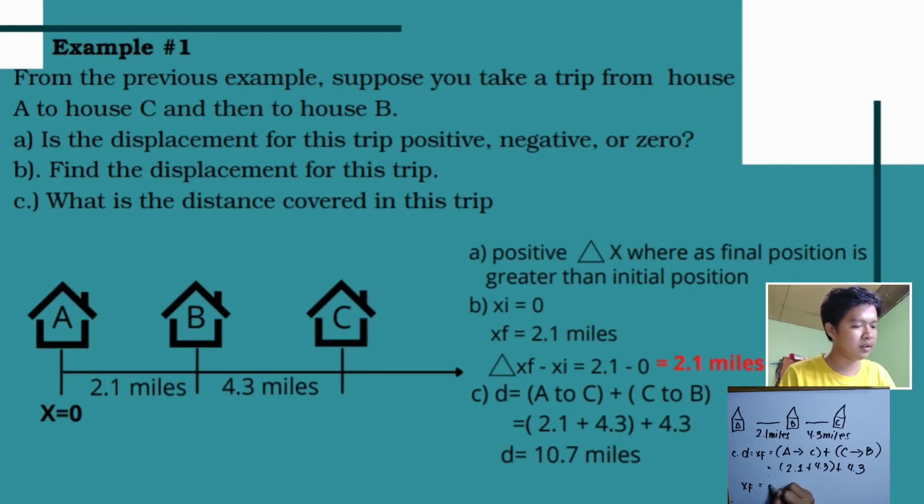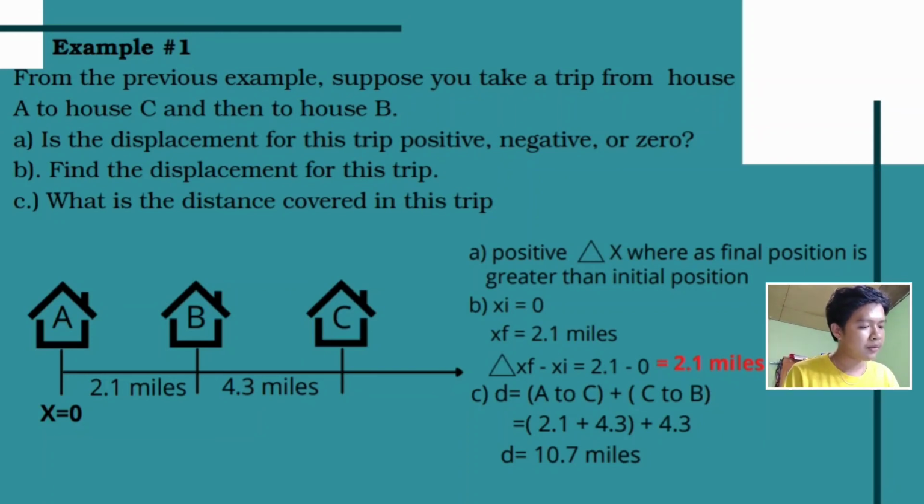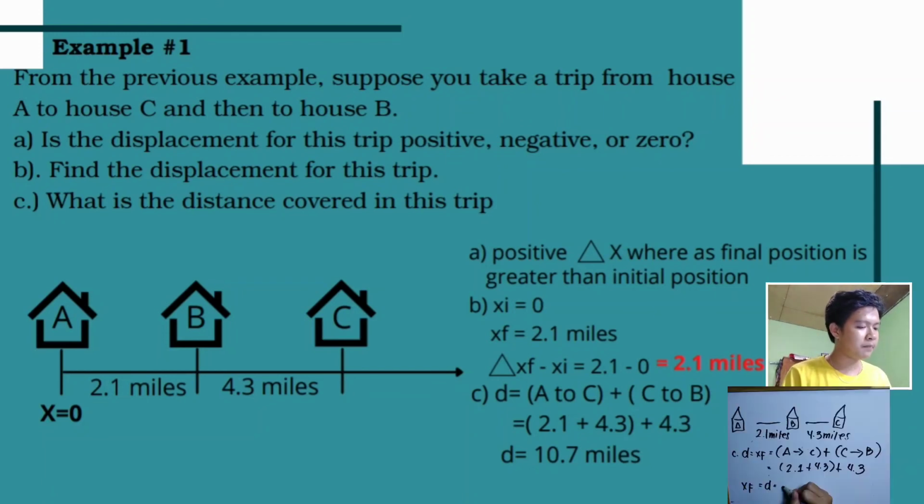So 2.1 plus 4.3 miles is 6.4 miles, plus 4.3 miles is equals to 10.7 miles. So this is the total distance covered in this trip.